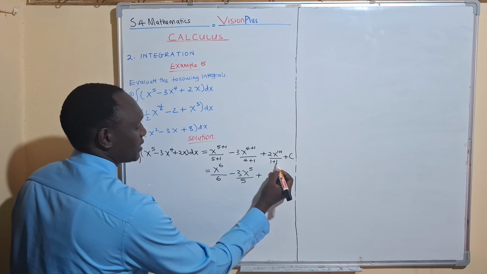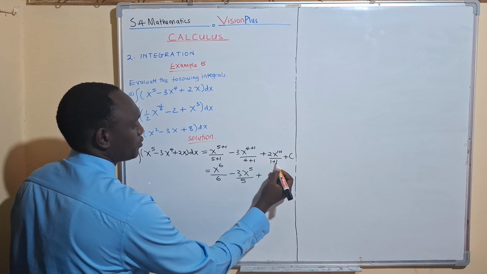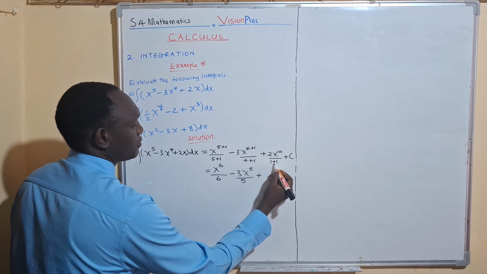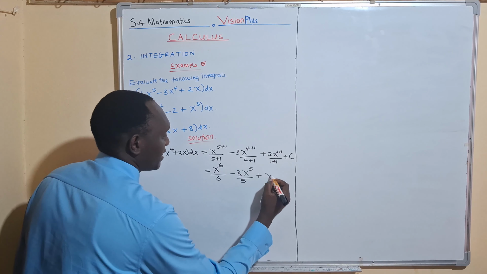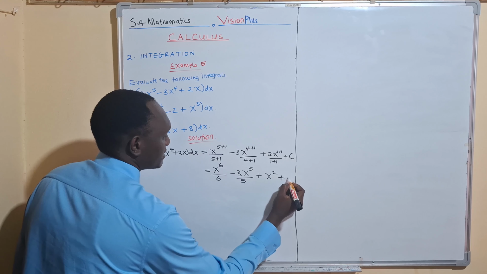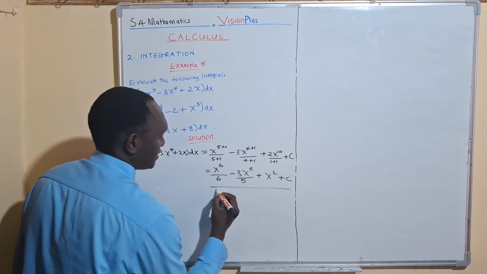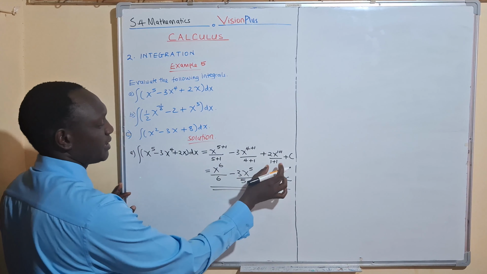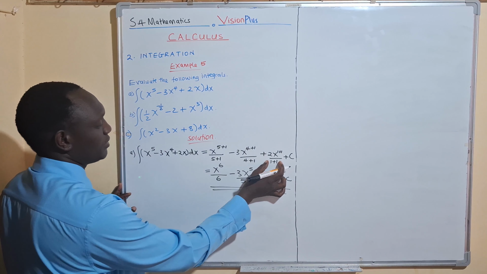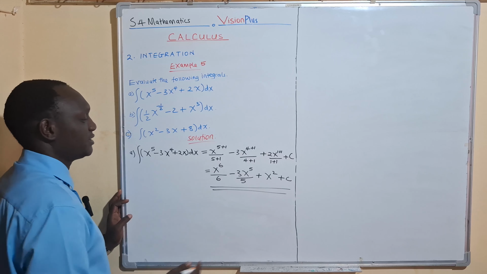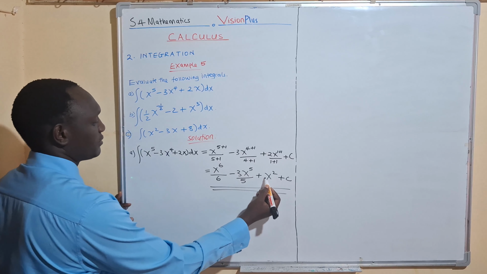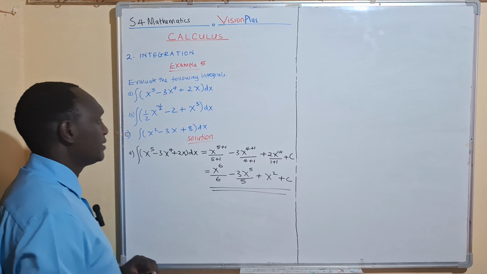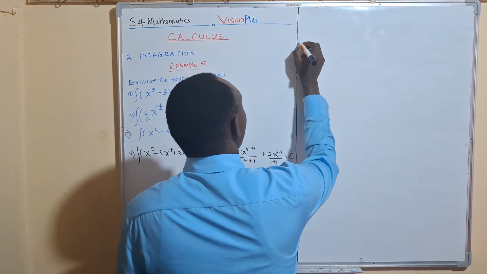If you add 1 plus 1 is 2, 2 divided by 2 is 1. So here we shall just have x squared plus c. And this is the answer. From here, the 2, which is the denominator, and the numerator divide to give us 1, which is the coefficient of x squared here.